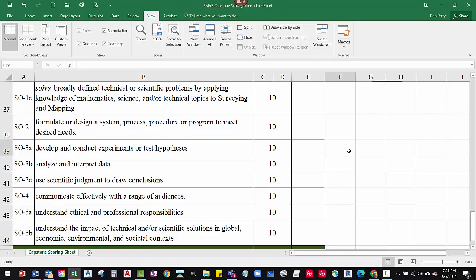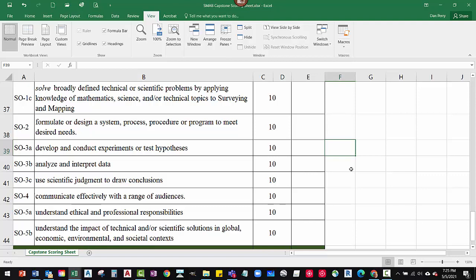Number 3, develop and conduct experiments or test hypotheses. This is not always the case, but we often do conduct different kinds of experiments. And I noticed going through some of the presentations here this year, there were several that actually conducted some experiments to test out different things, different hypotheses that were being used. Analyze and interpret the data. They need to be able to do that, and how well they did that.